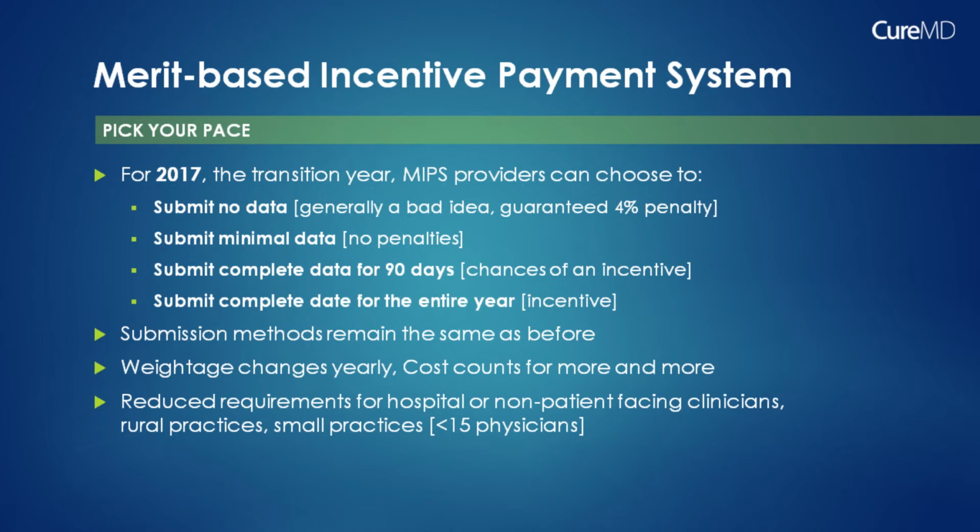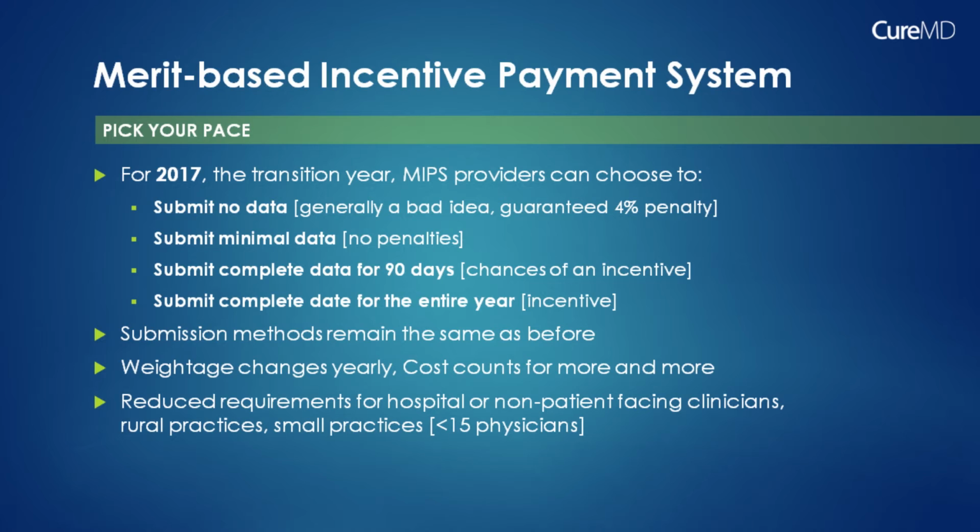Their argument on some levels was that you've been doing a lot of these things in the past. This is not entirely something new, but with respect to the fact that a lot of practices maybe did not join in to meaningful use, or have not converted to electronic medical records, or do not have sufficient experience with PQRS, they came up with 4 different ways for you to participate in the first year.